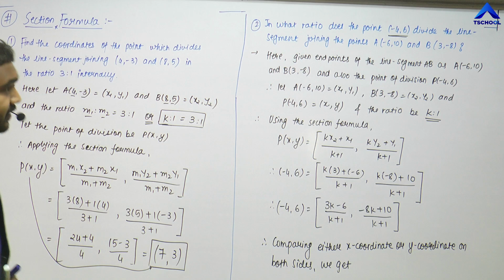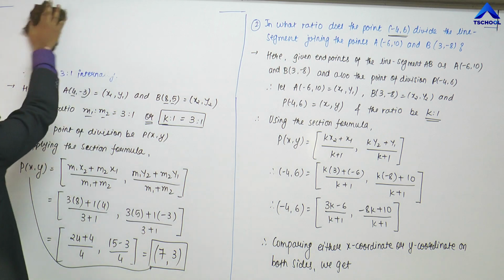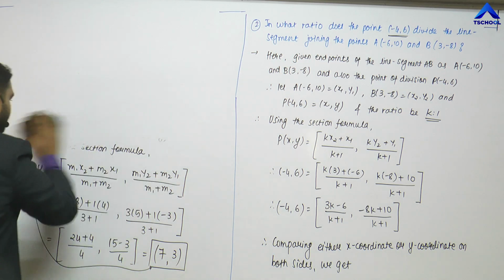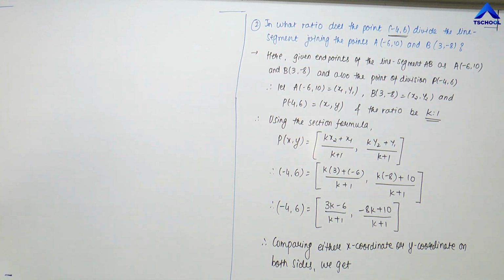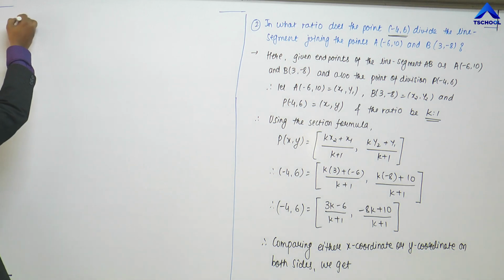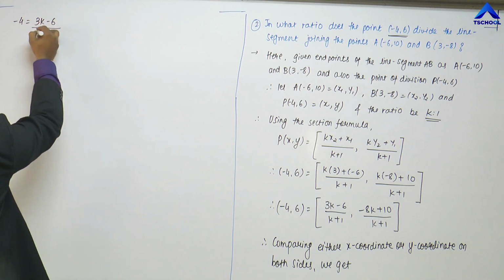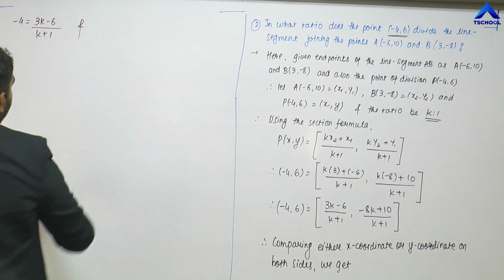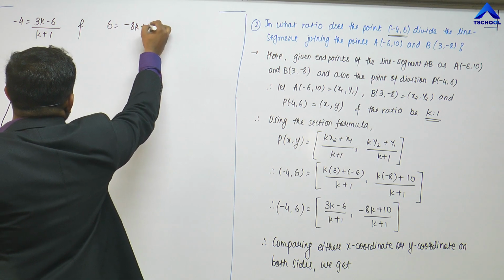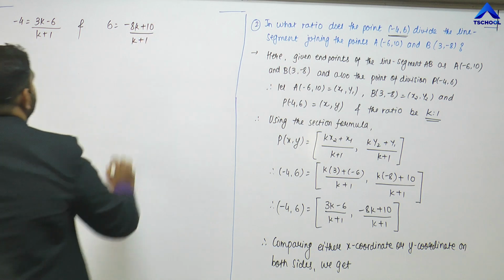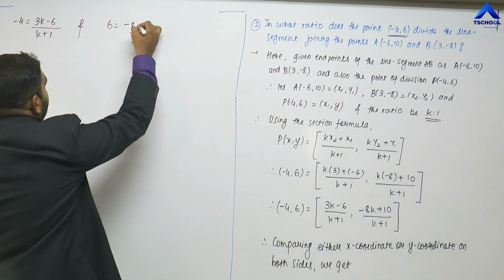I am going to write it down here. If I compare the x coordinate, -4 equals (3k minus 6) upon (k plus 1), and if I compare the y coordinate, I shall get 6 equals (-8k plus 10) upon (k plus 1). Right, see friends, I have said that we need to compare either of the coordinates, not both.